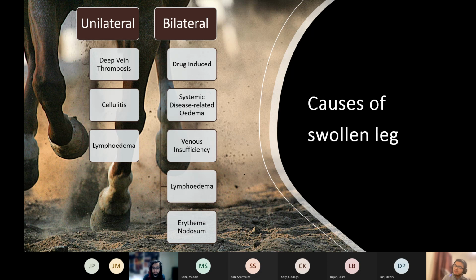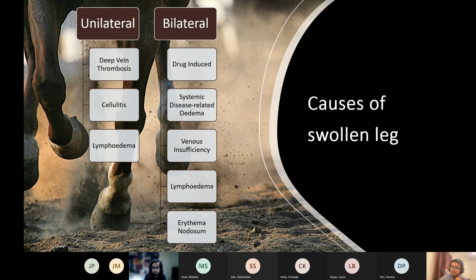So have you heard of lymphedema? You might not have. Don't worry if you haven't. Something they like for you to be able to distinguish in exams is the difference on examination between edema, serous fluid edema, and lymphedema.